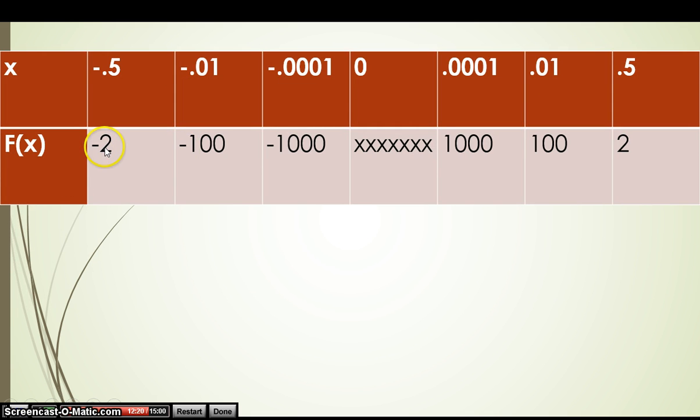As I plug them in, it looks like this is going from negative 2 to negative 100 to negative 1,000. It keeps getting bigger and bigger, but negatively bigger. If you were to guess, it's probably going to be even larger if I got even closer, a large negative number. Or, if you were to guess, this is probably going to negative infinity.